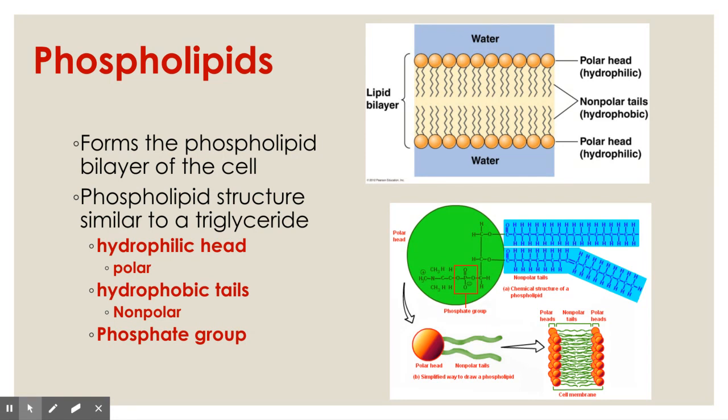We've got hydrophobic tails that group together that are nonpolar, that do not want to interact with water. And then, of course, when it's a layer, the other side of it would also be that hydrophilic. And it's got a phosphate group. So there's phosphorus. And you can see that if we zoom in, that phosphorus is in that hydrophilic head portion.